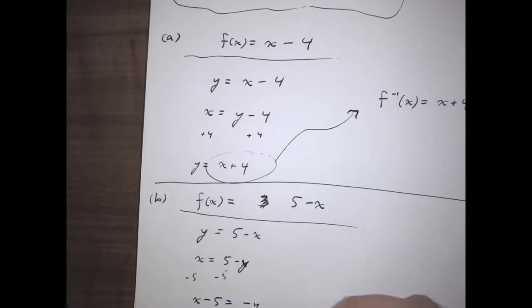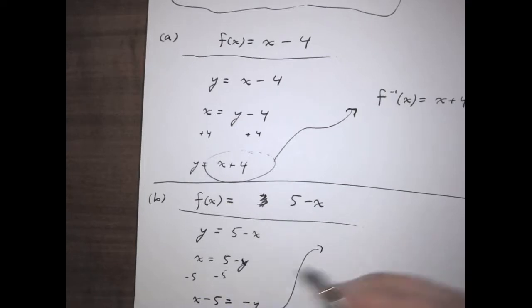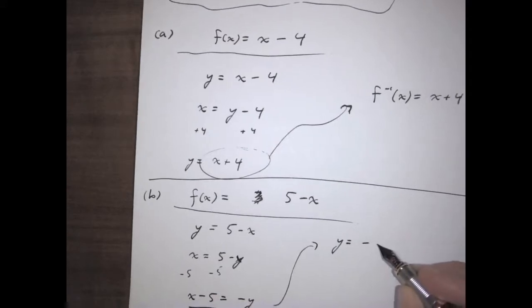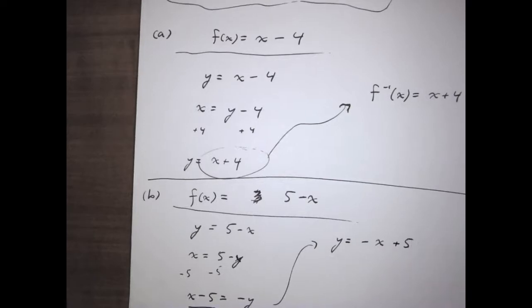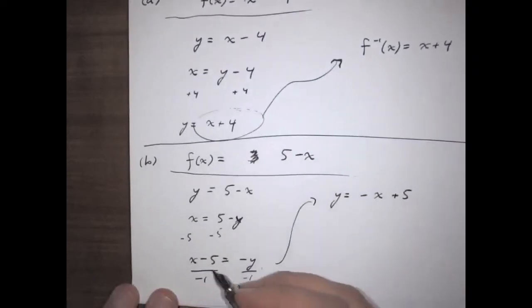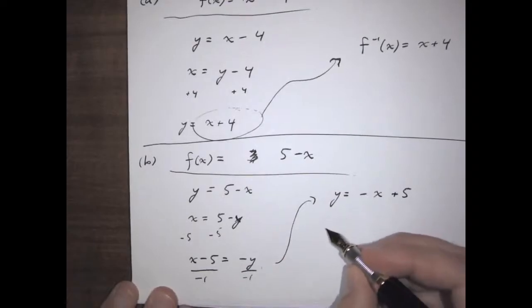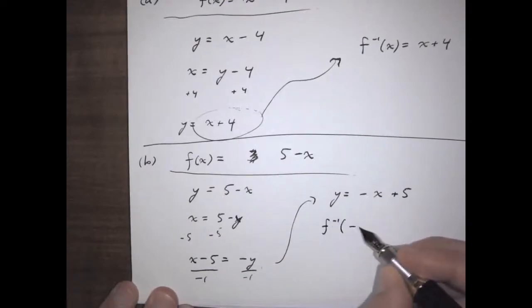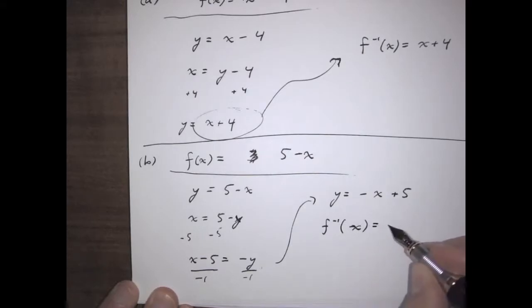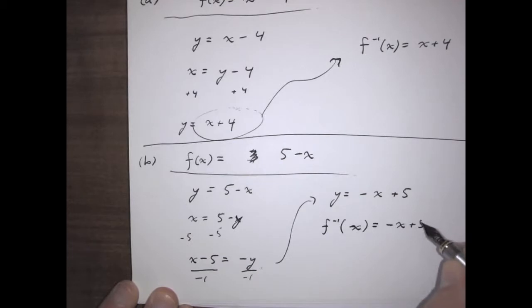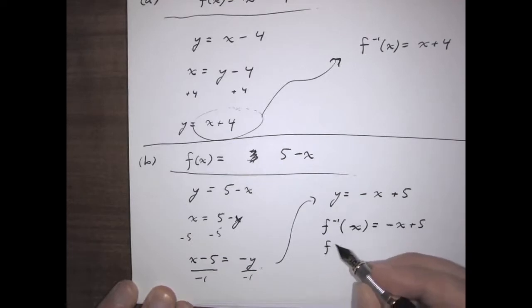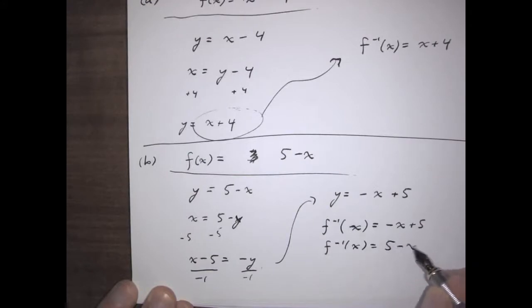Now, the thing to remember about dividing by negative 1 is that it's going to distribute to both of these. And so that gives you that y is equal to negative x and then plus 5. So the negative distributes to both of these terms, which means then that the inverse function is going to be, f inverse of x is going to equal negative x plus 5, or as it might more commonly be written, f inverse of x is equal to 5 minus x.